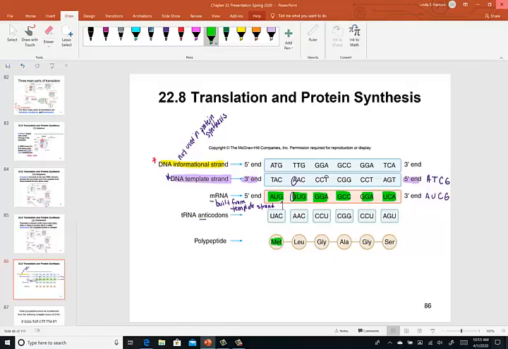AUG codes for met. UUG codes for leucine, glycine, alanine, glycine, serine. I read the messenger RNA to build the polypeptide. The anticodon is the complementary strand to the messenger RNA so that it knows what amino acid to go fetch and bring back to the ribosome.